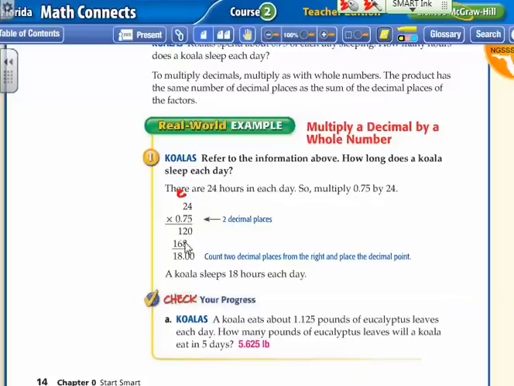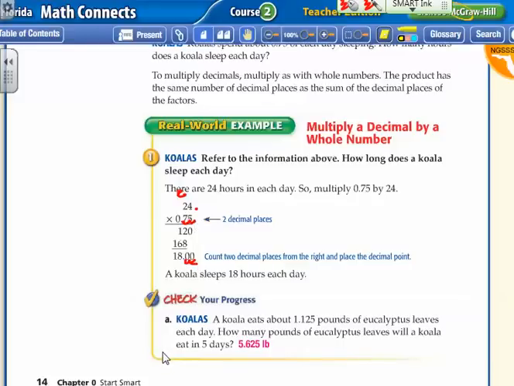And 7 times 4 is 28, there's your 8. Carry the 2 again. 7 times 2 is 14, plus the 2 is 16. You've got everything in the proper columns. We get 1800 here. The decimal point here is not moved, but here it's 2 places, so you have to move the decimal point 2 places in your answer.